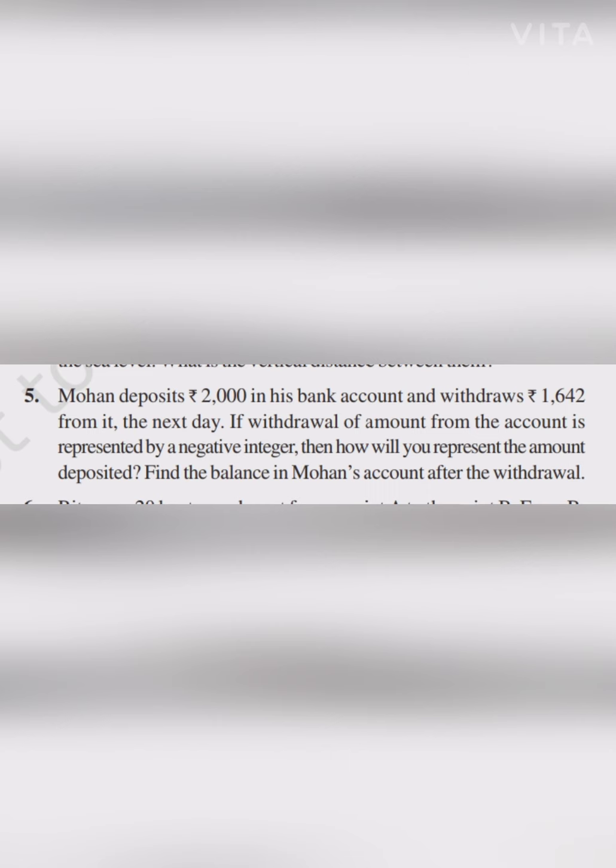The withdrawal is shown by a negative integer, means 1642 rupees is in negative.